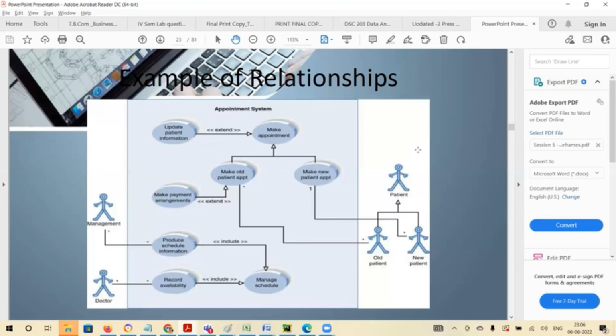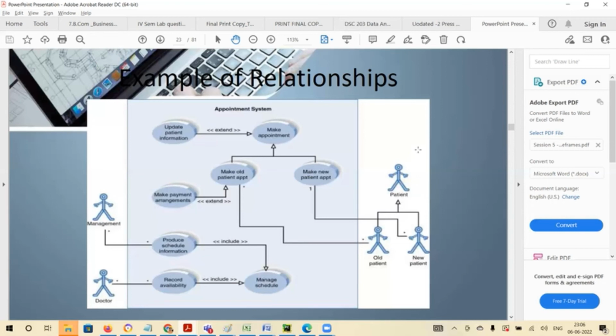Okay, so this is an example of appointment. On one side you have patient. Patient can be new patient and old patient. So here what you're using is generalization. Because new patient and old patient will behave differently, you created two different users.